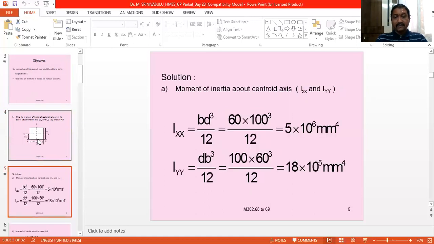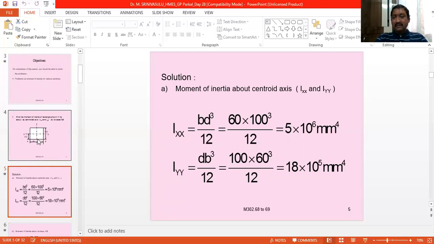Now we know the formula, the moment of inertia of the given rectangle about xx, IXX bar is equal to bd cube by 12. Here b is equal to 60, that is the width, and d, the depth, is 100.